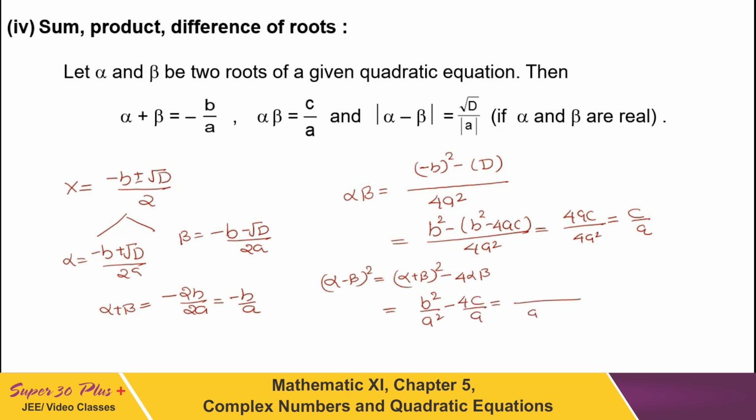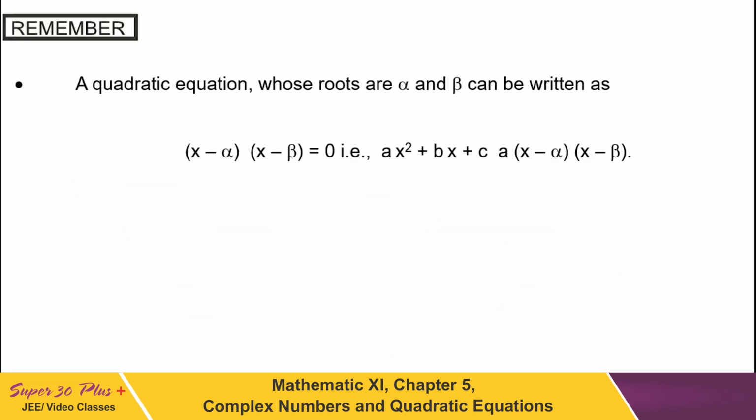It is b square minus 4ac, which is d, upon a square. Now the value of mod alpha minus beta is equal to square root of d upon mod a, if alpha and beta are real. This is the sum, this is the product, and this is the difference of the roots. Students, some concepts you have to remember.